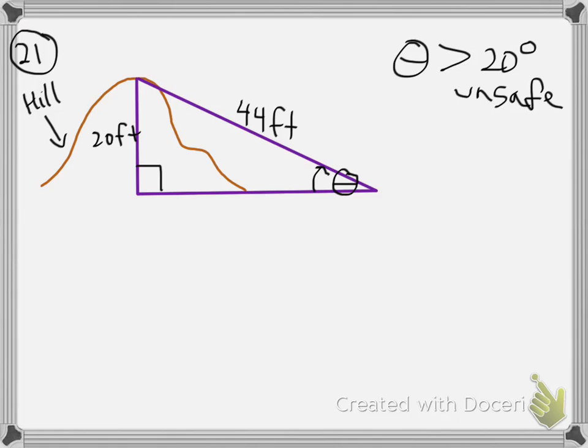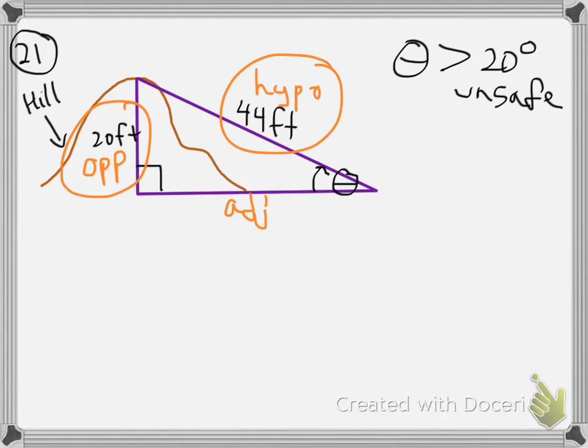So let's label our triangle here. So here's the hypotenuse. Here's the opposite, and here's the adjacent. So when you look at this here, I have opposite and I have hypotenuse. So that's O and H. So that must be SOH. So I need a sine. So let's do it.